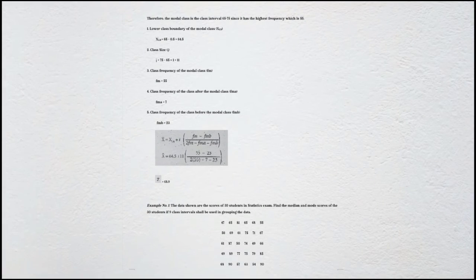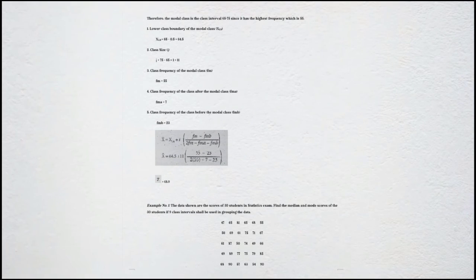For the lower class boundary of the modal class, we have 65 minus 0.5 is equal to 64.5. For the class size, we have 75 minus 65 plus 1 is equal to 11. The class frequency of the modal class is 55. For the class frequency of the class after the modal class, we have 7.